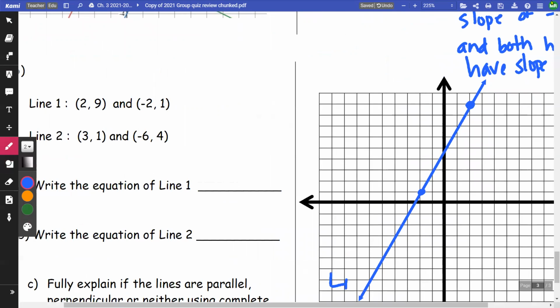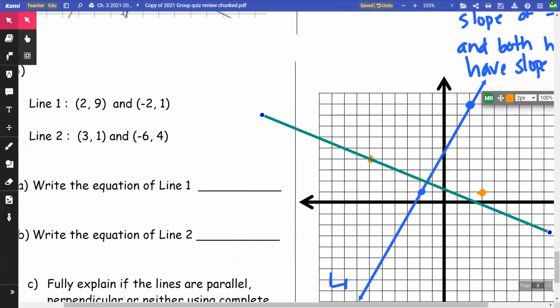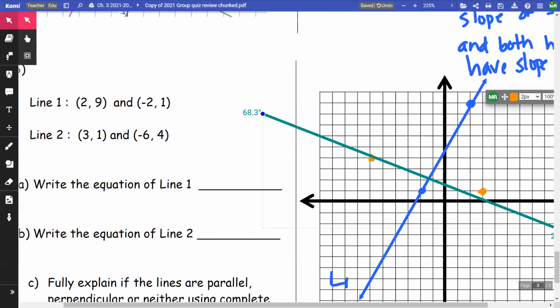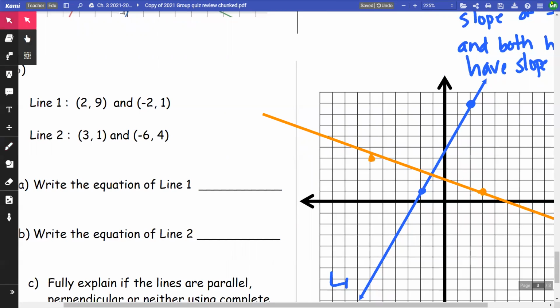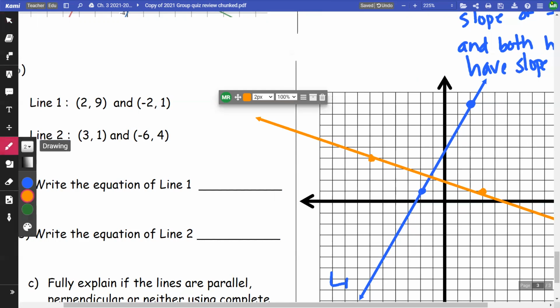I'll just put L1. And then the other one, we have a point at (3, 1), and (-1, 2, 3, 4, 5, 6), (+1, 2, 3, 4). And then I'm going to connect these. And that's L2.